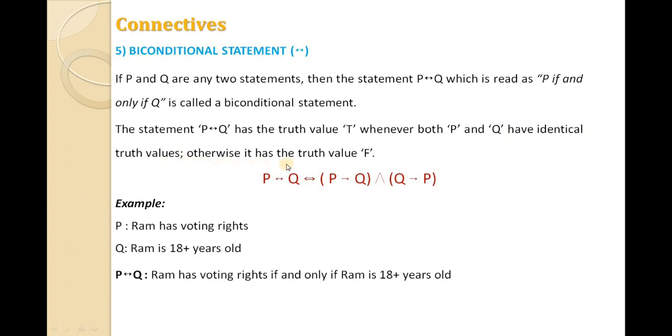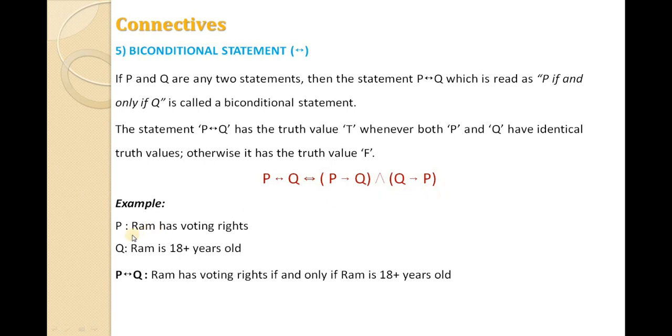Otherwise, it has the truth value F. Means if both P and Q are true or both false, means identical, then its truth value is T. Otherwise, it is false. The formula is P double implies Q is logically equivalent to P implies Q and Q implies P. Means if P then Q and if Q then P.